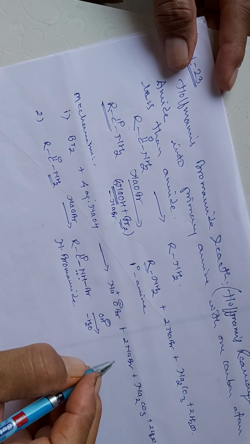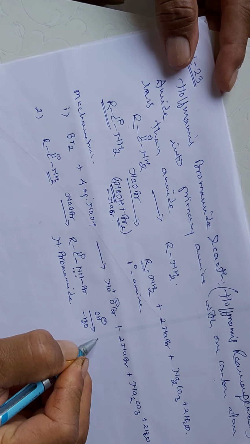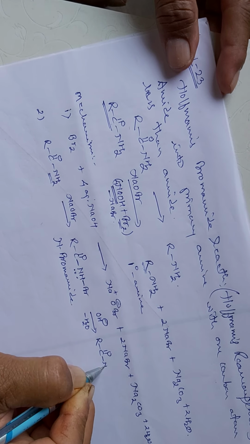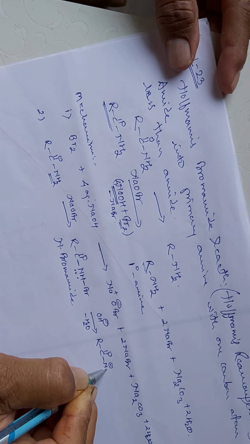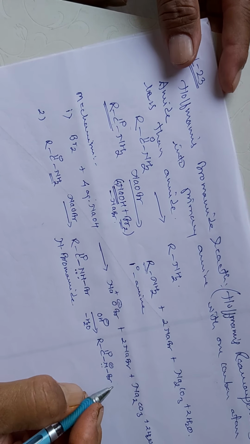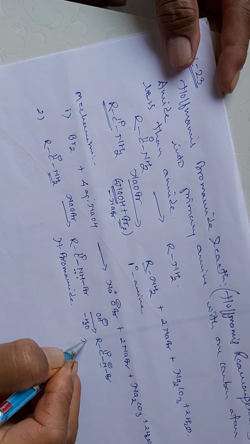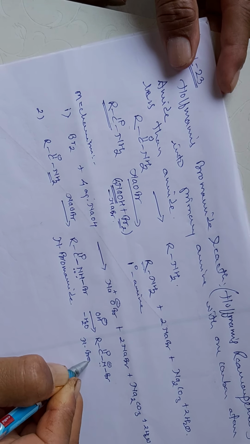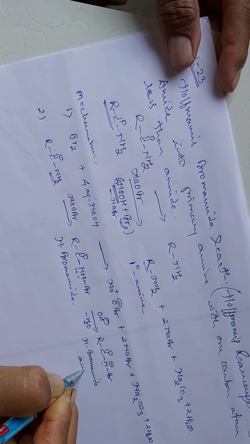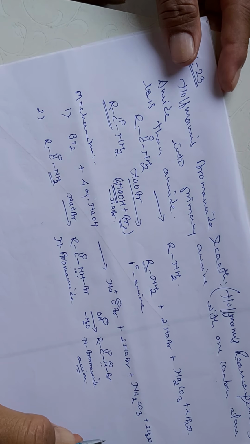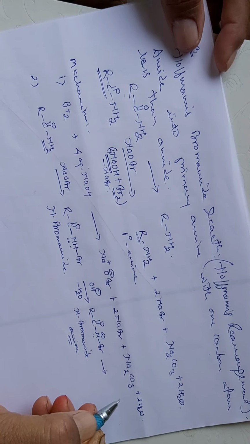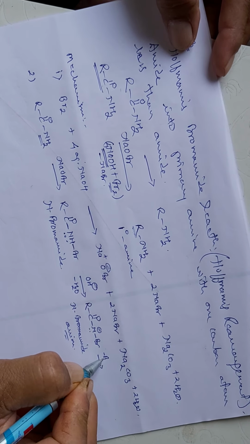Here you get the formation of the N-bromoamide anion, RC double bond O, N minus, Br.